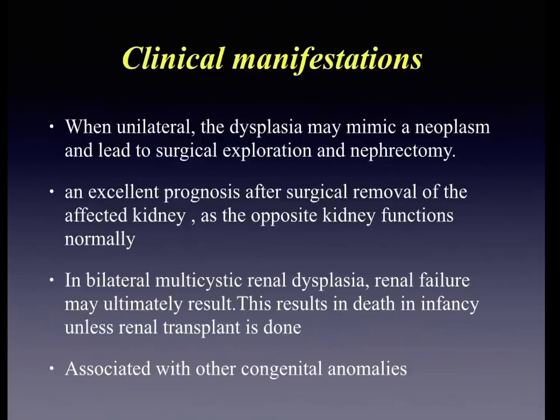If it occurs, it results in death in infancy itself unless renal transplant is done. Apart from these, the cystic disease of the kidney can be associated with other congenital anomalies. So if it is unilateral, it has excellent prognosis, but if it is bilateral, then it can result in renal failure.